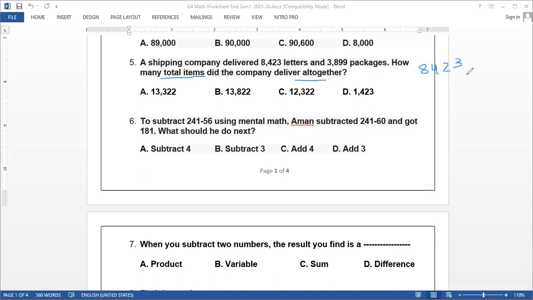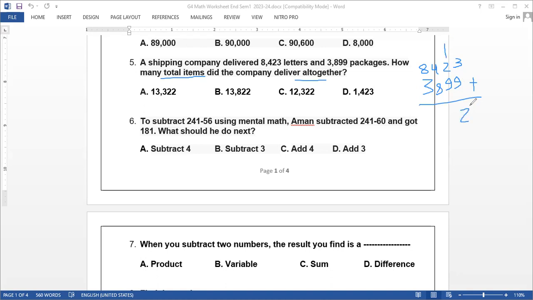8,423 plus 3,899. So we need to start from the right. 3 plus 9 equals 12.